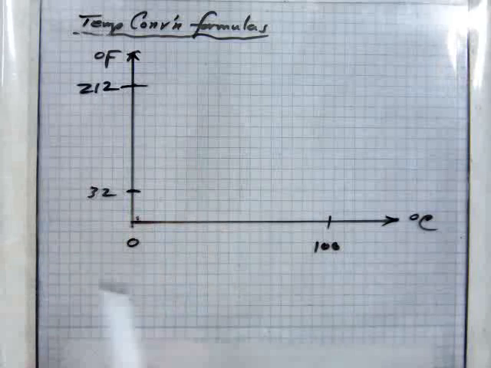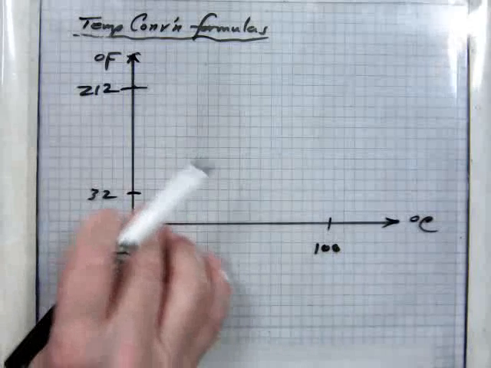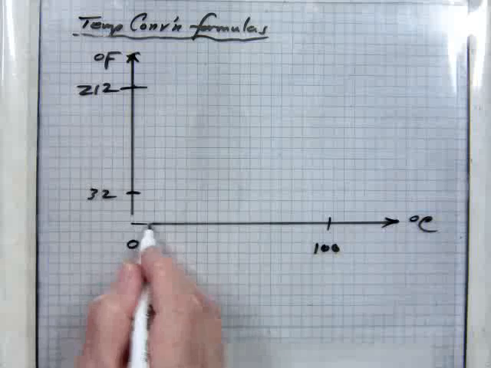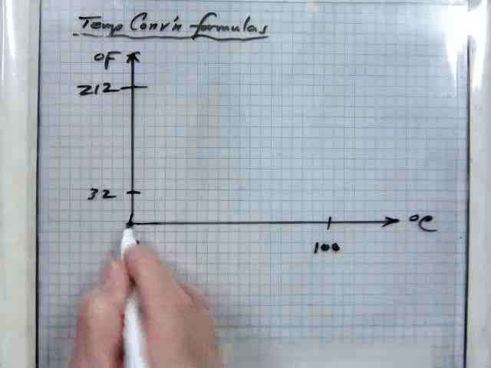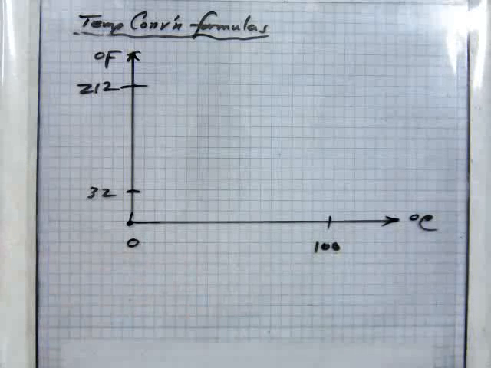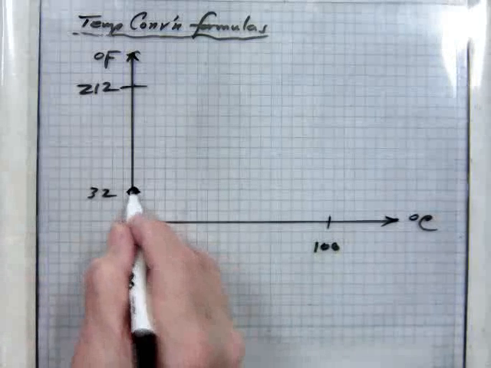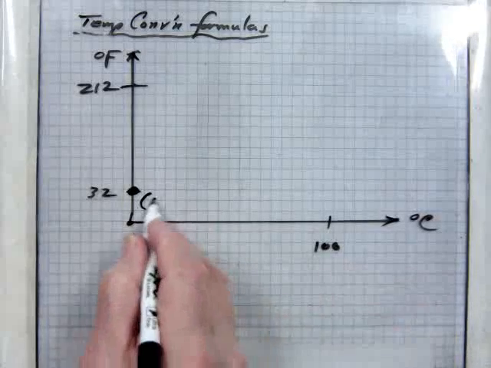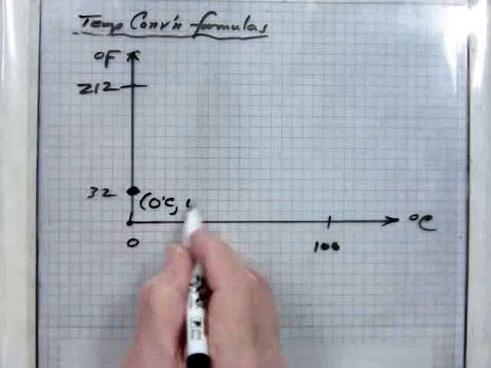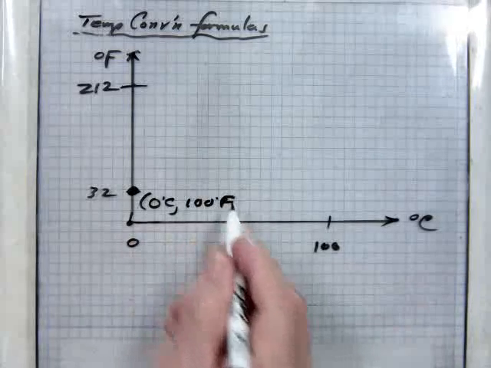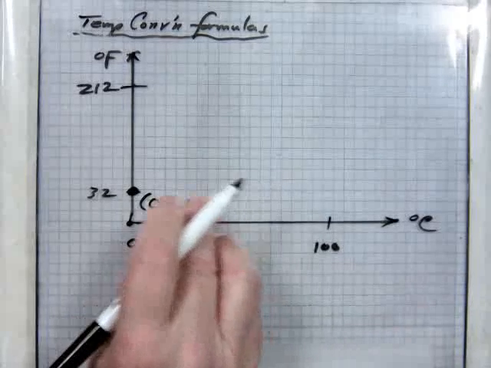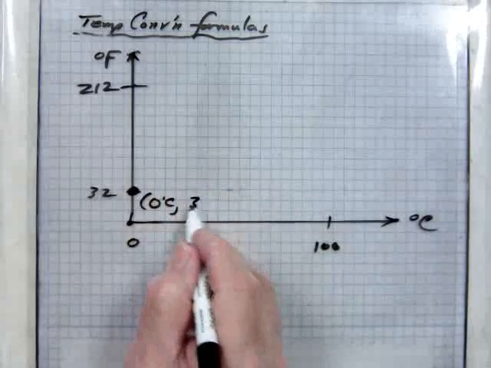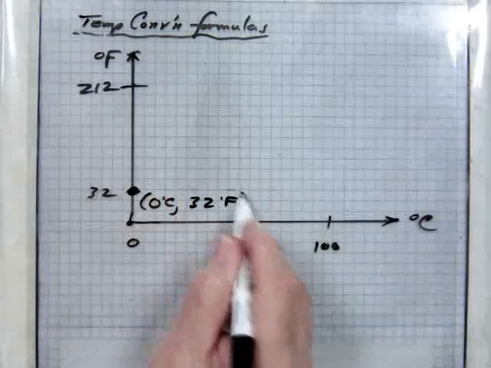These are commonly known values for the boiling point and freezing point of water at standard atmospheric pressure. This point here is 0 degrees Celsius and 32 degrees Fahrenheit.